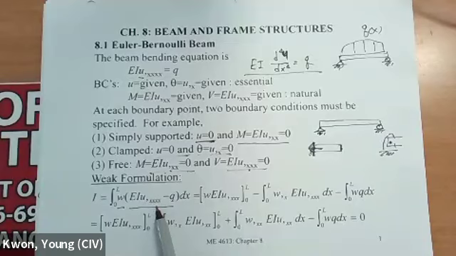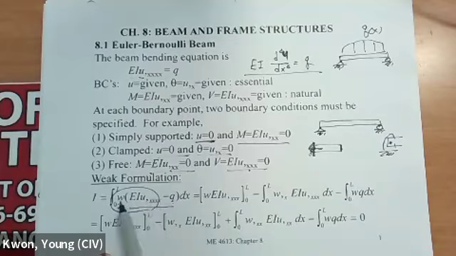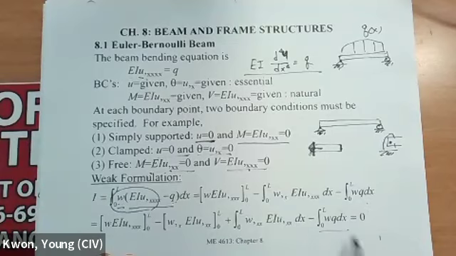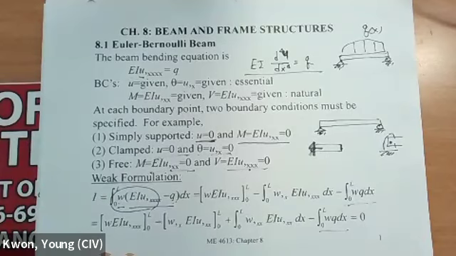So we want a weak formulation, and weak formulation is nothing but integration by parts. Mathematically, you have to carry out integration by parts for this term. This one, W times q, where q should be a known value, we don't have to do anything about.